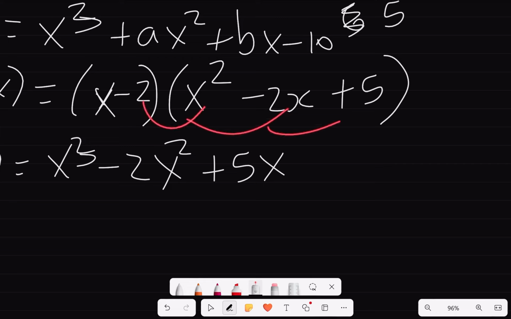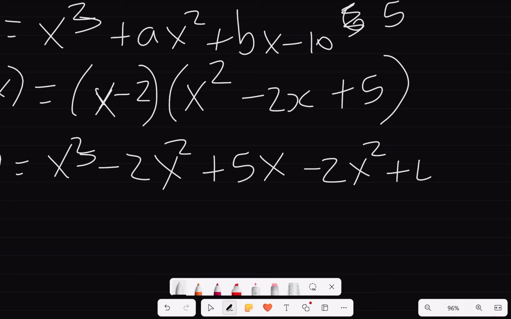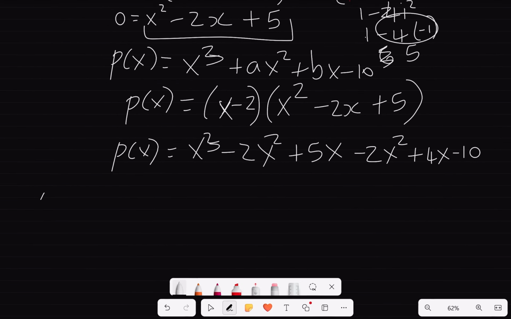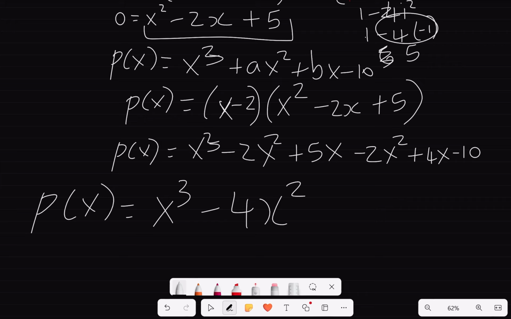We'll multiply here, there, and there, which gives us minus 2x squared plus 4x minus 10. Then let's see what that gives us. We have p of x equals x cubed. This and that are like terms, so you're going to have minus 4x squared. And these like terms give us plus 9x minus 10.